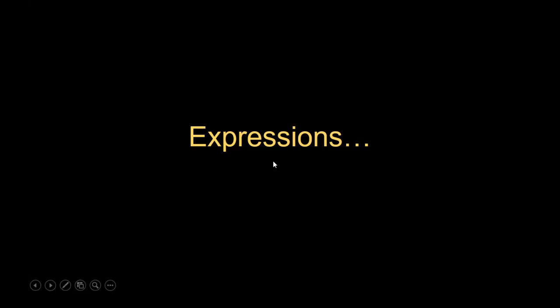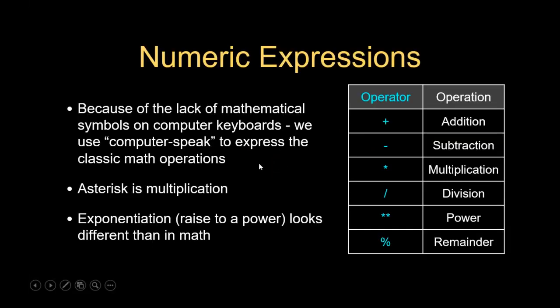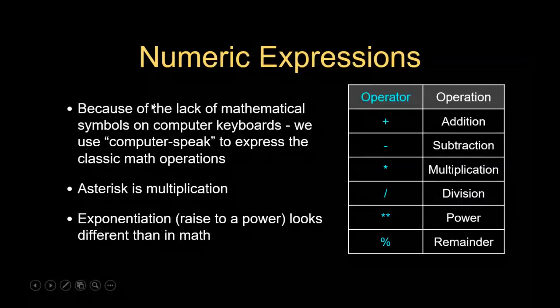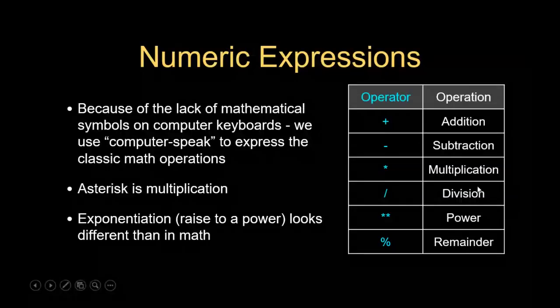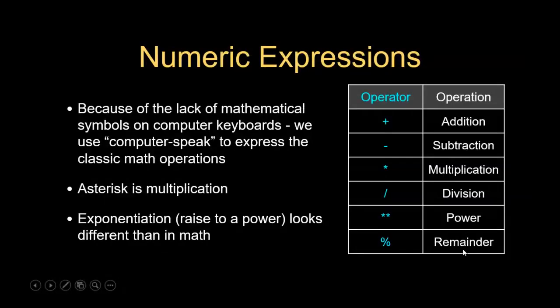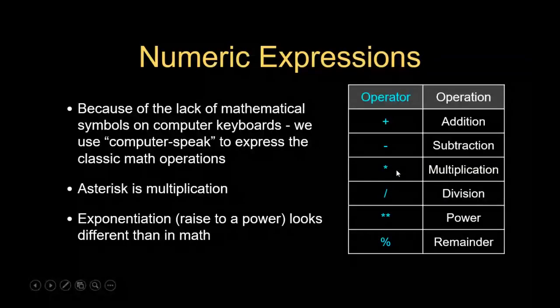All right, expressions. Most of you will be familiar with these. Addition, subtraction, multiplication, division, to the power of, and remainder. The addition and subtraction are what we would have always used as standard operators. When we got into computers and coding, they don't have a typical multiplication symbol.